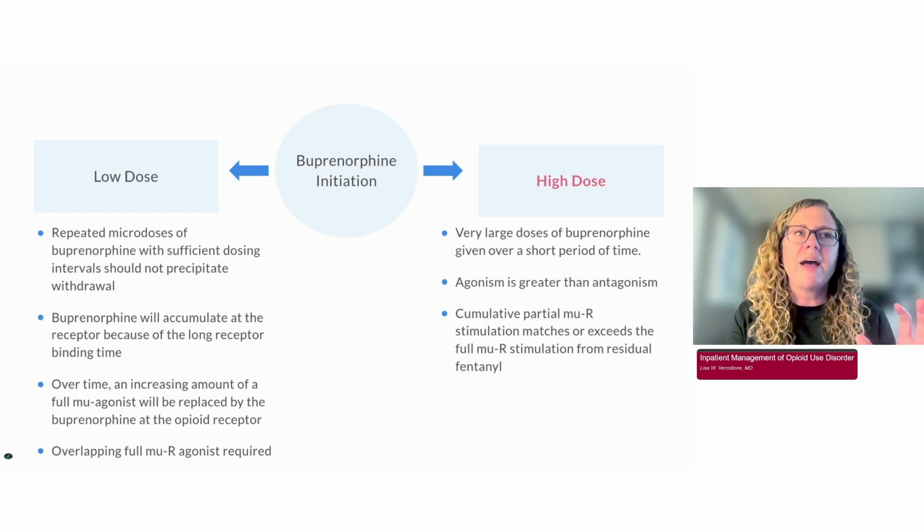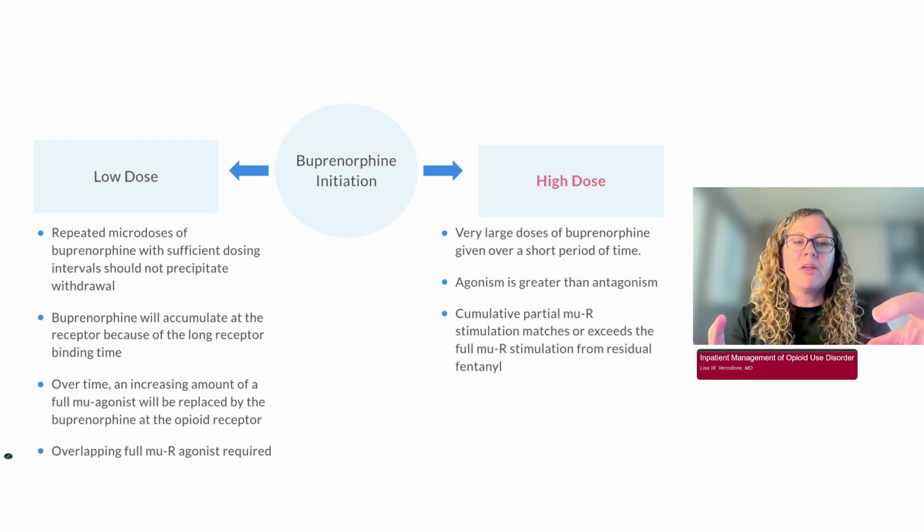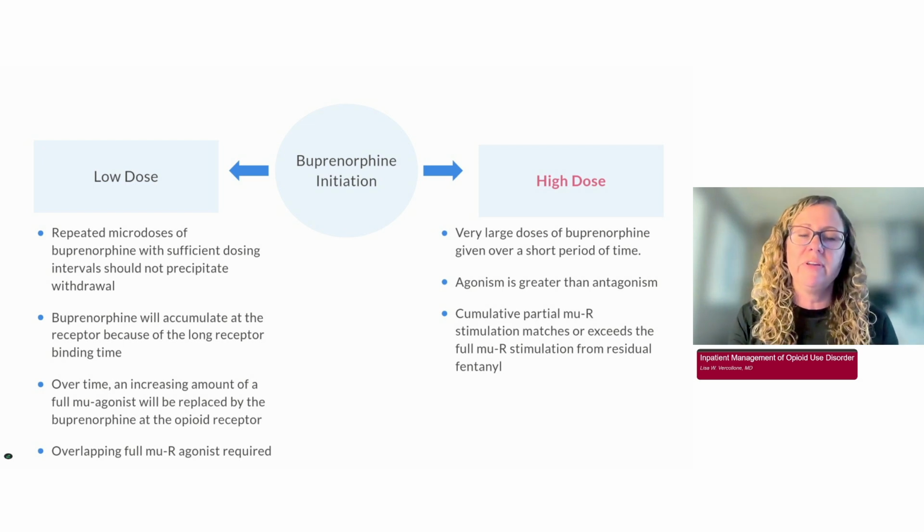And so the hope is that when you give these high doses of buprenorphine, when it rushes onto the scene, it's going to be bumping off the full agonist and it's going to be causing withdrawal symptoms. But the hope is that if you can give a large enough dose, although you are bumping off some of the full agonist that's present, you are also interacting with receptors that were otherwise empty. And so hopefully that cumulative partial stimulation is matching the full stimulation that was present prior to you starting the buprenorphine.